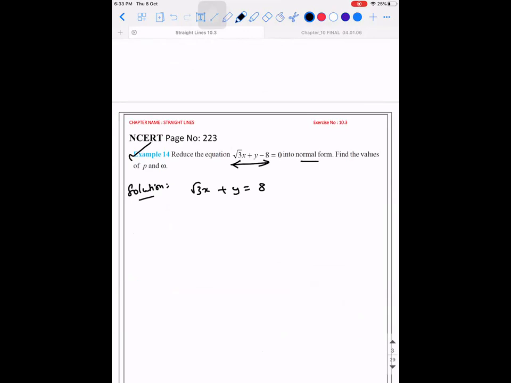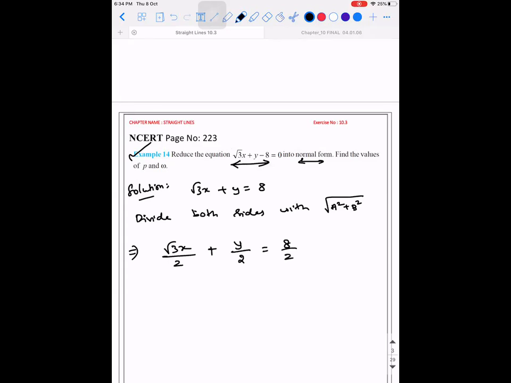Okay. So wherever you see normal form, divide both sides with root of a square plus b square. So when you divide it with root of a square plus b square, then it becomes root 3x divided by 2 plus y divided by 2 is equal to 8 by 2.